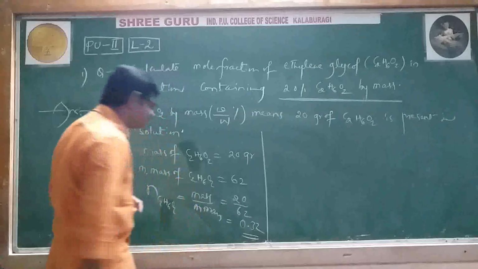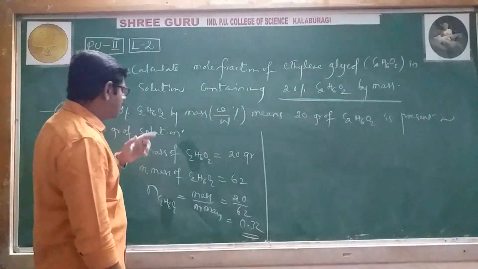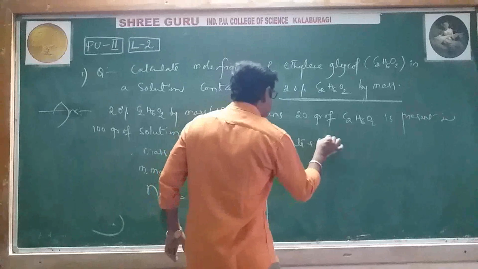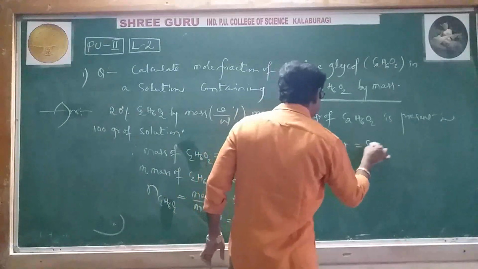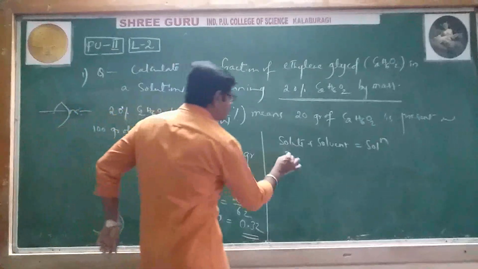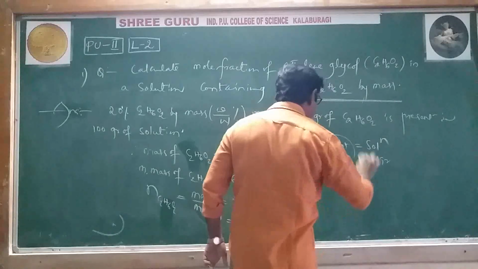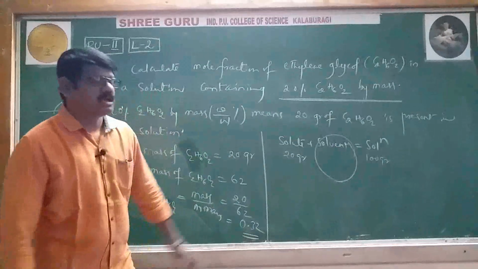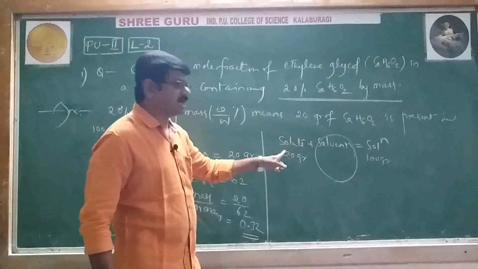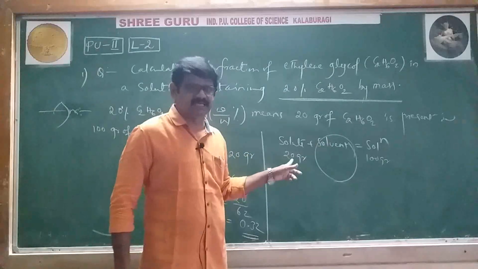Therefore, we first have to calculate the solvent mass. How? We have the formula: solute plus solvent gives solution. Here the solute mass is 20 grams and the solution mass is 100 grams. Then the mass of solvent is the mass of solution minus the mass of solute: 100 minus 20.